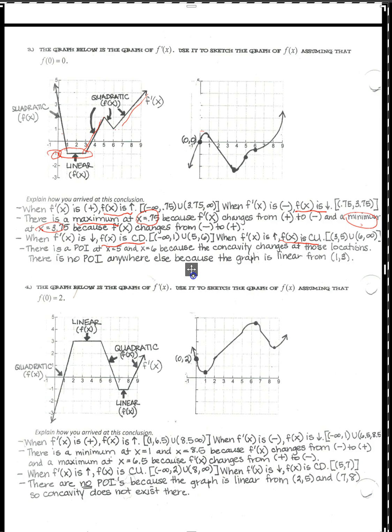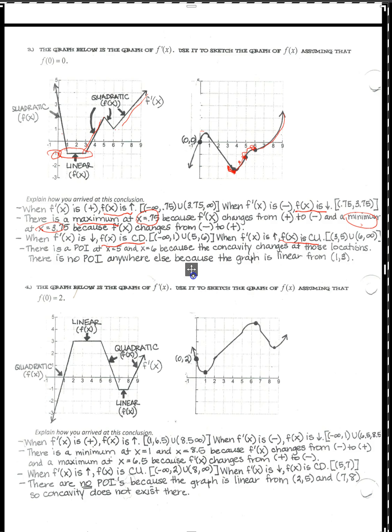Then we switch to still decreasing but concave up, so it kind of looks like this. Local min at about 3.75. Now we switch to concave up and increasing until right around there, or more like right at 5, where we switch to concave down. And then at 6, another point of inflection, still increasing, but concave up.